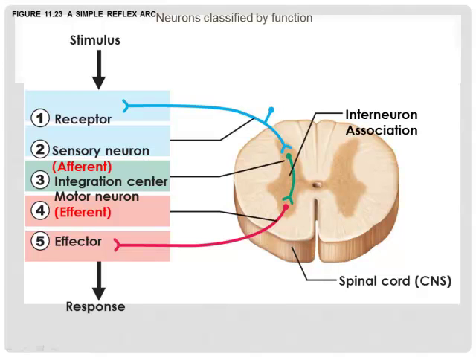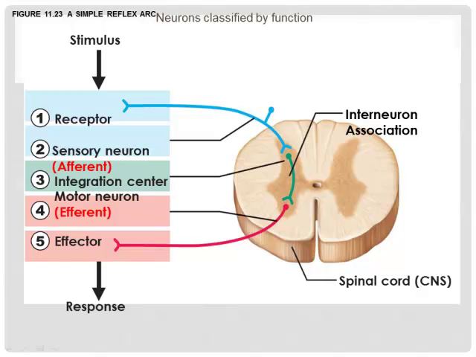So if you take what's happening from the receptors on the muscles and tendons, you have what are called the alpha motor neurons, and some people will also call them the lower motor neurons, because these are the ones that innervate the skeletal muscle, and these cause the muscle contractions that will cause us to move.